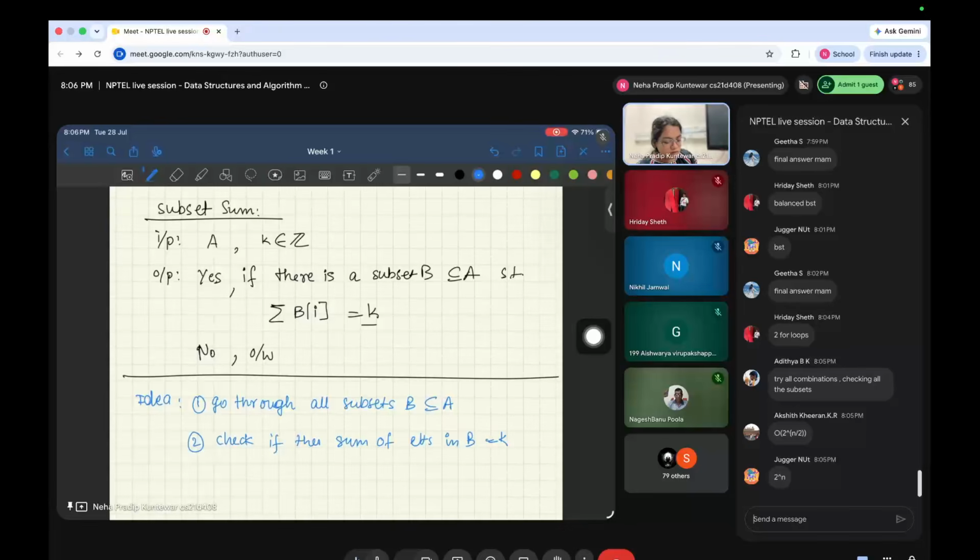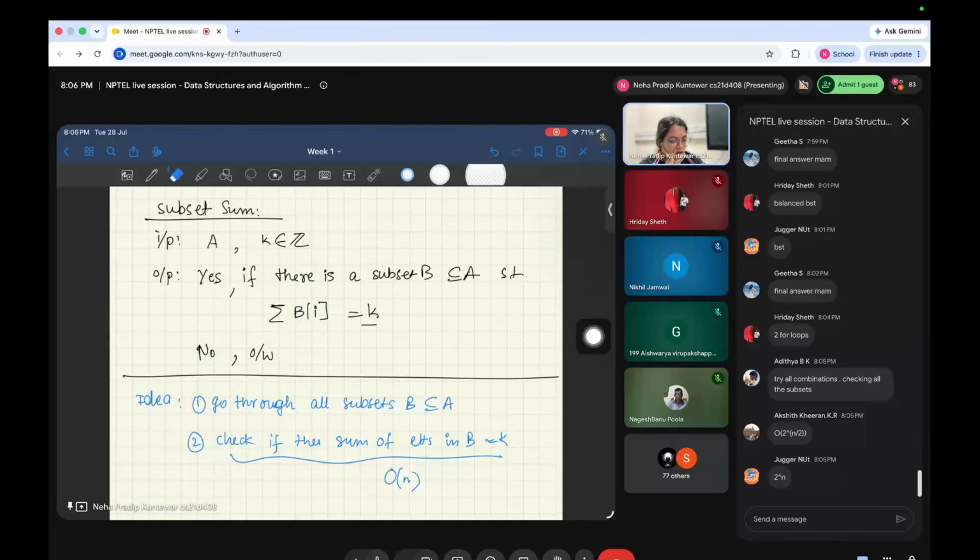The second step takes linear time. Let's say there are order n elements in the set B. Summing up, let's say it takes order one time. So overall you are spending order n time in finding the sum and checking if it is equal to k.